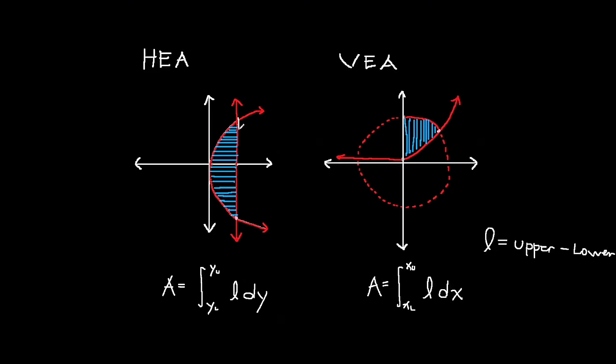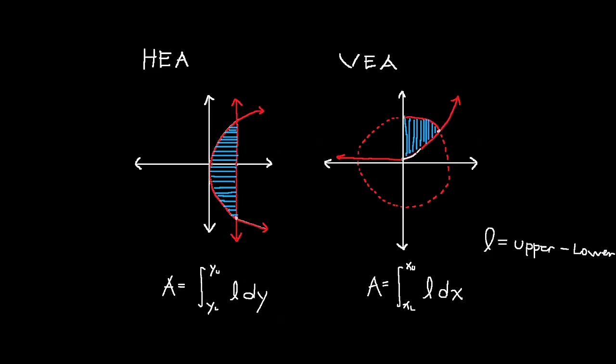So in this case, dito yung upper boundary natin or right boundary natin since nasa right side siya. Whereas yung kabilang boundary natin which is nasa left, that will be our lower boundary. And dito naman sa VEA, upper boundary natin will be this circle right here. And yung lower boundary natin will be this exponential curve.